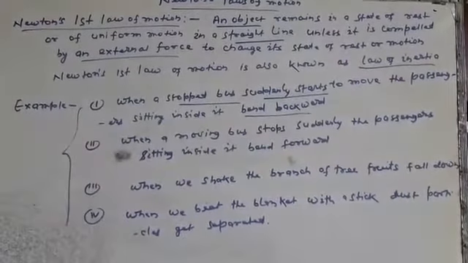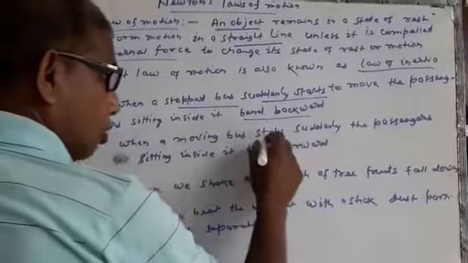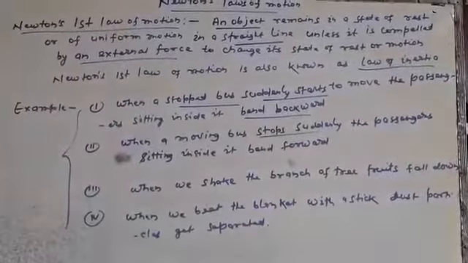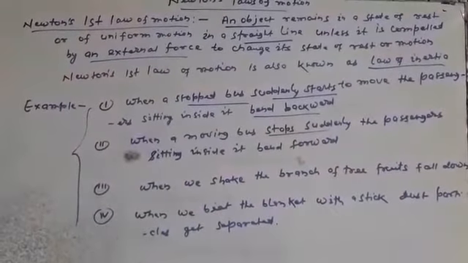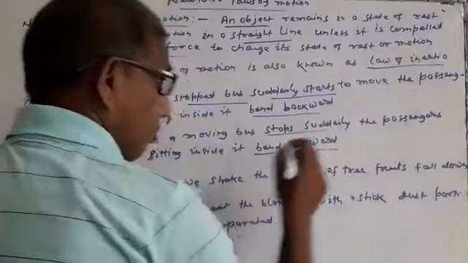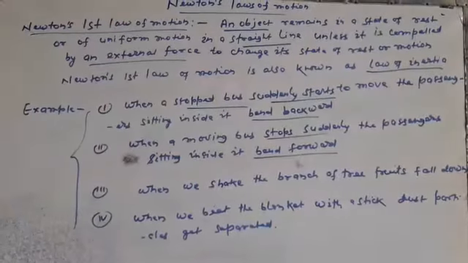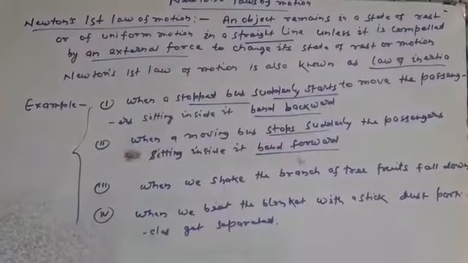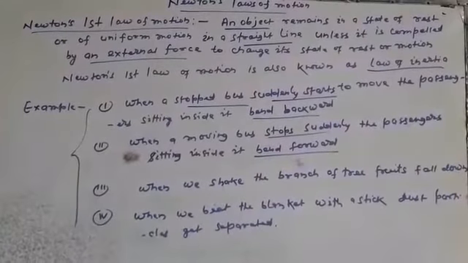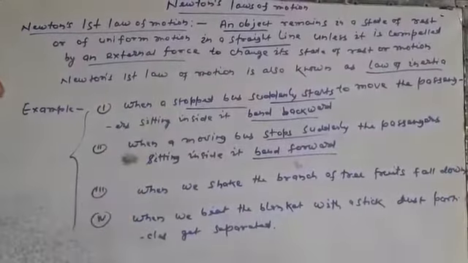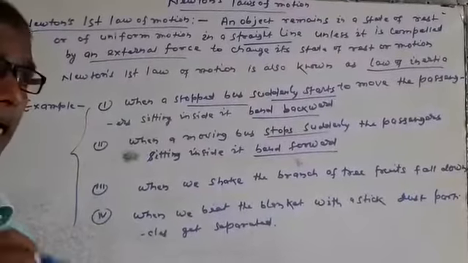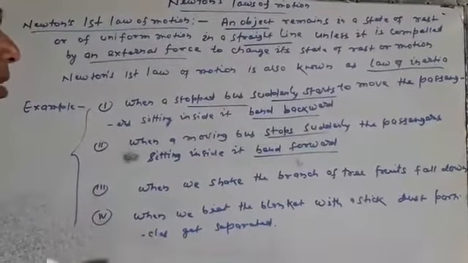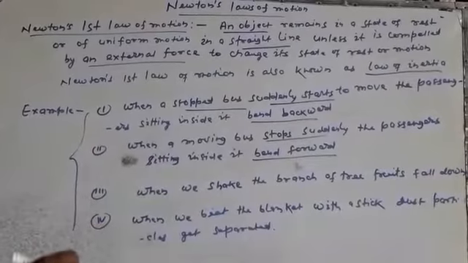Second example, when a moving bus stops suddenly, the passenger sitting inside it bends forward. Same answer. When the bus is moving, the passengers as well as the bus are in the inertia of motion.